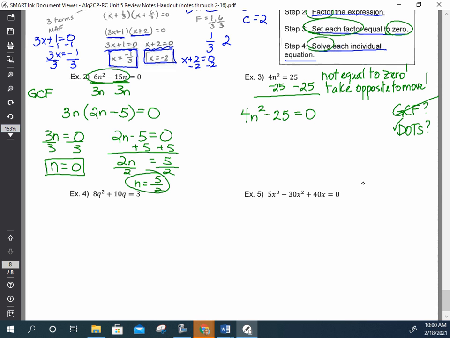4n squared minus 25. Difference of two squares. So we take the square root of 4n squared. The square root of 4 is 2. The square root of n squared is n. The square root of 25 gives you positive 5 and negative 5.